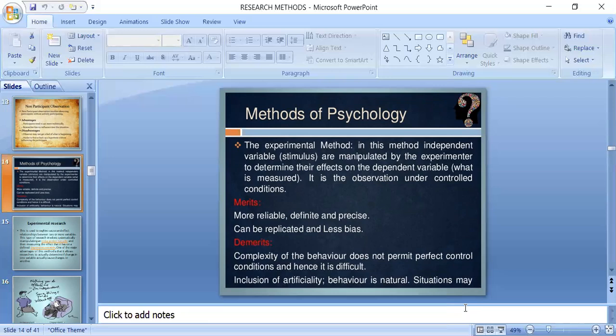Demerits: the complexity of behavior does not permit perfect controlled conditions, and hence it is difficult. Inclusion of artificiality: behavior is natural, so if you make an unrealistic setting, then a person becomes aware and conscious and acts against his or her routine, day-to-day life.